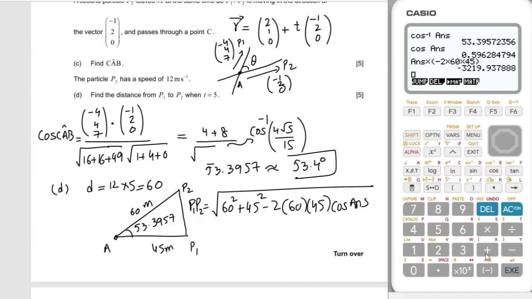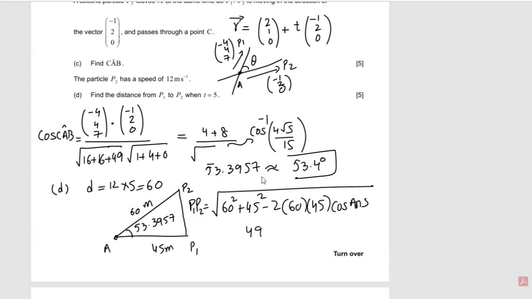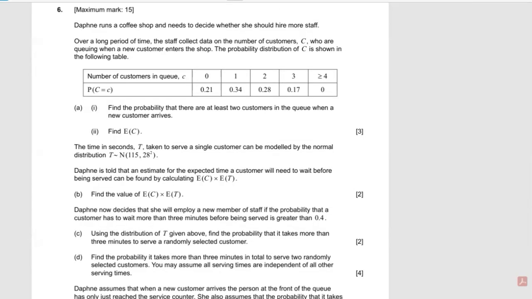And in this, I'm going to add the 45 squared plus 60 squared. Now we just square root the answer and execute. I'm getting 49.0414. Approximately, you can say 49.0.